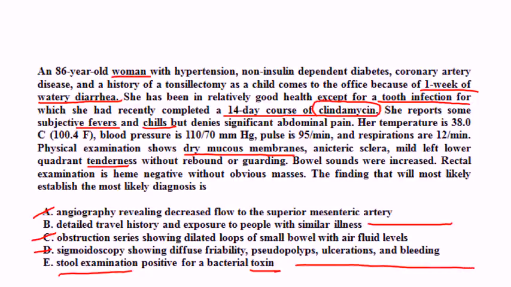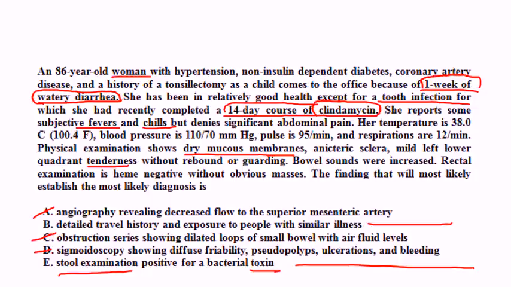Really, on licensing exams, you're looking for the best option, right? So if you get confused between two, what's the best option? Look at this question. It's exactly what I talked about in the presentation. You know, a patient that had antibiotics, okay, and then a few days later, in this case it was a week later, she comes with this diarrhea. And at this point, it really is a classic case.